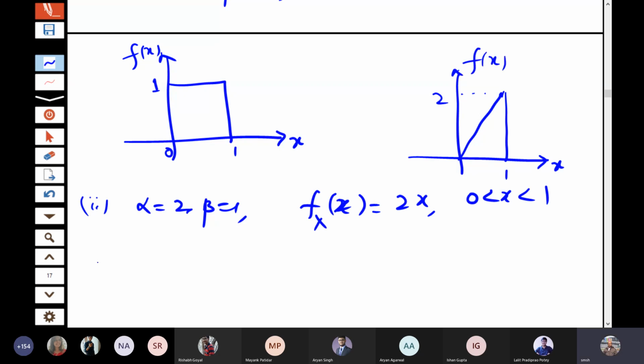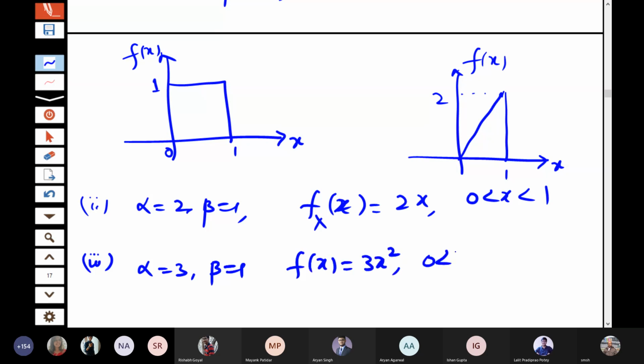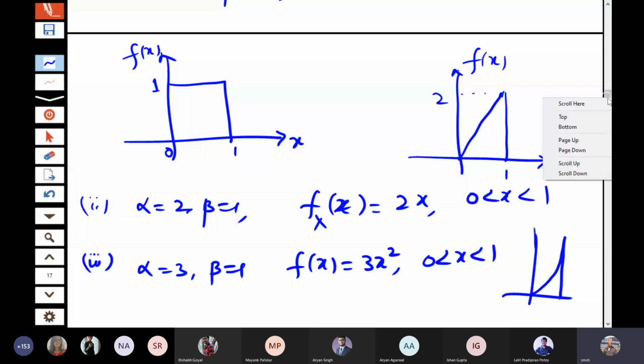Similarly, if I increase alpha, suppose I take alpha equal to 3 and beta equal to 1, then I will get 3x square. So the form will be, what will be the form? It will go like this. So you can see that various kinds of shapes can be represented here by choosing appropriately the values of alpha and beta.